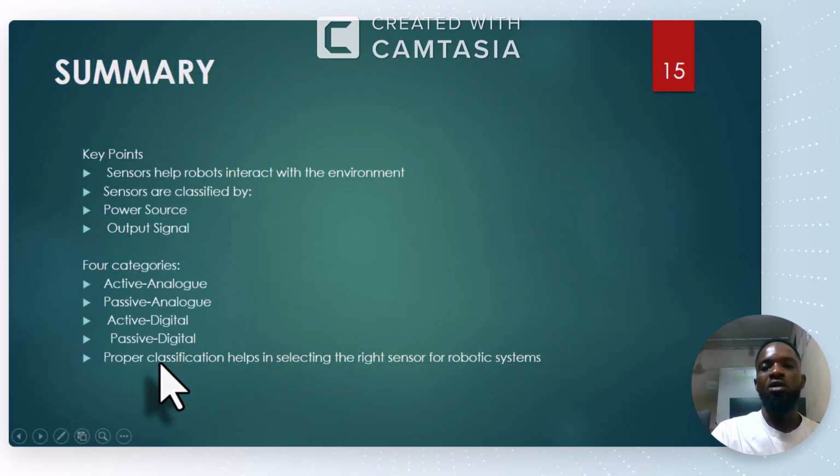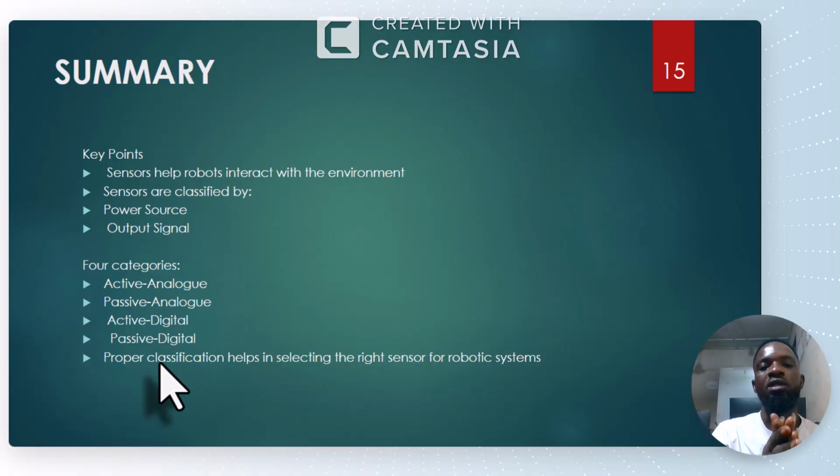So at this juncture, we look at the summary of whatever we've discussed. From the very onset, we started with the definitions and all that, but these are some key points that you need to take note of. So what we are all supposed to know is that sensors help robots interact with the environment.